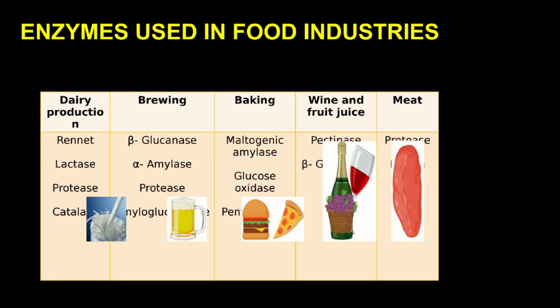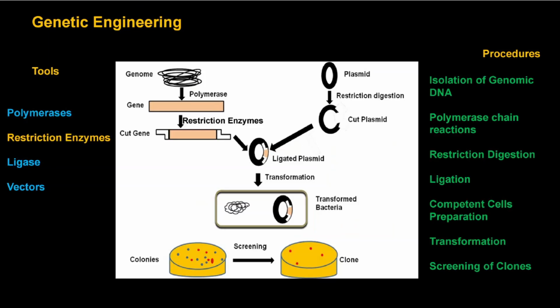Apart from that, when we have cloned a particular gene in a particular vector and transformed it into a particular type of cells, there can be many usages of those things. In the line of examples, enzymes are the best example that can be given.